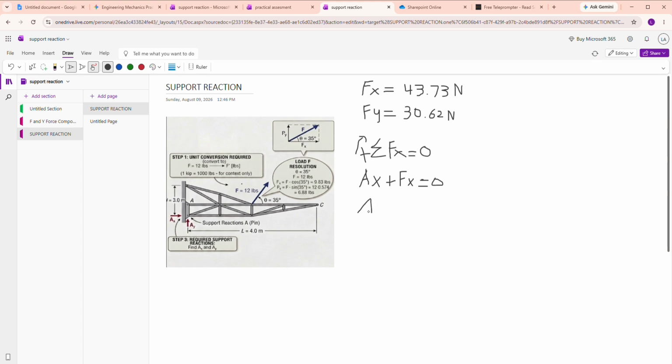Then we substitute the value of Fx, which is 47.73 Newton, and equals 0.